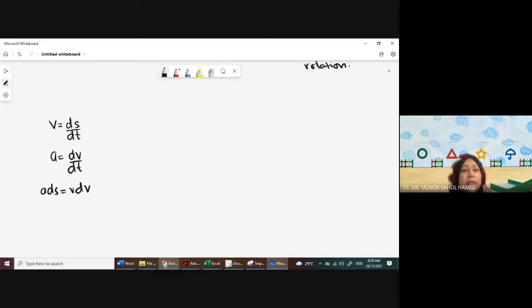Okay. Now, this is the formula that you use when you study kinematics of particles, right? Now, what we're gonna do, we're gonna convert this formula to kinematics of rigid body.